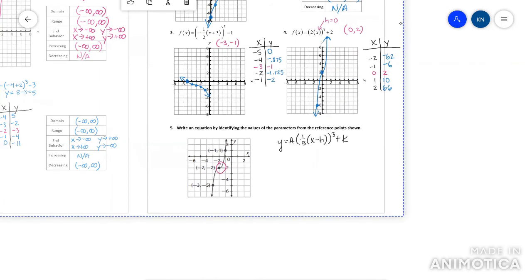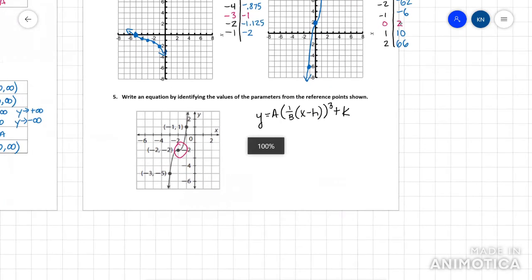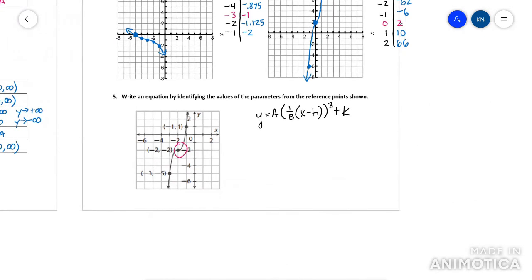Oh my gosh, just zoom in. Thank you. Your h is lying to you. So we don't know a or b or anything, but we know this part has to be (x plus 2) cubed. And then minus 2, because we knew this HK. And since h was lying, instead of writing -2 in the equation, we write +2.